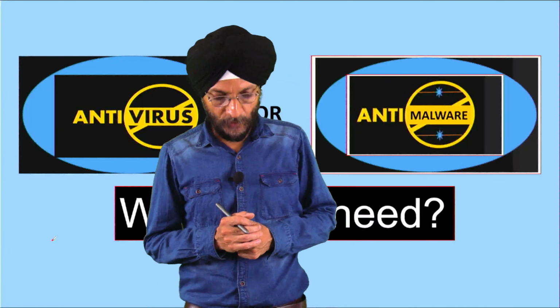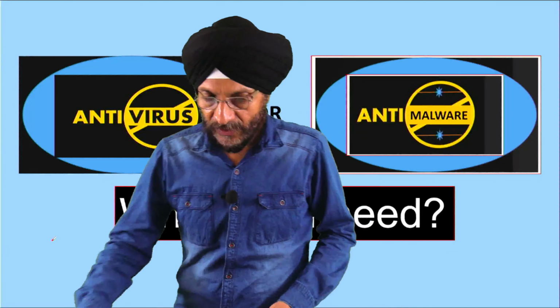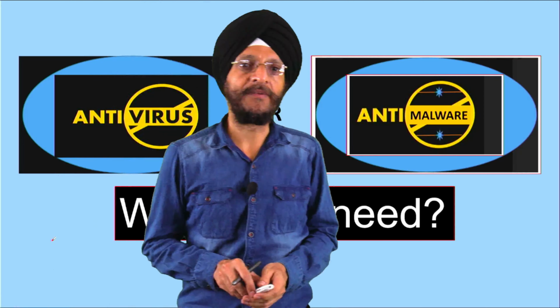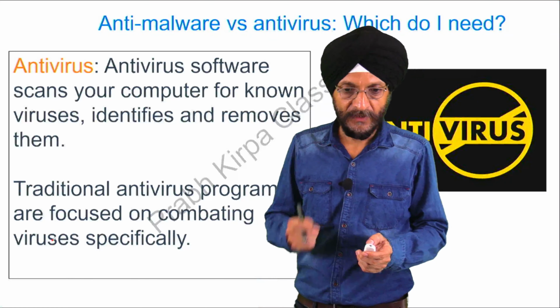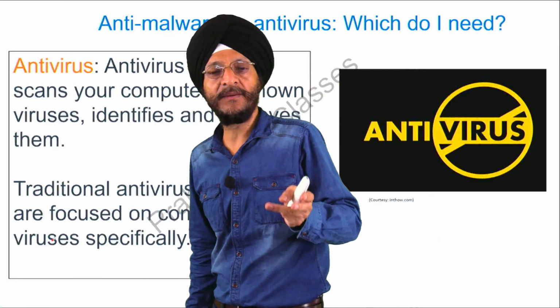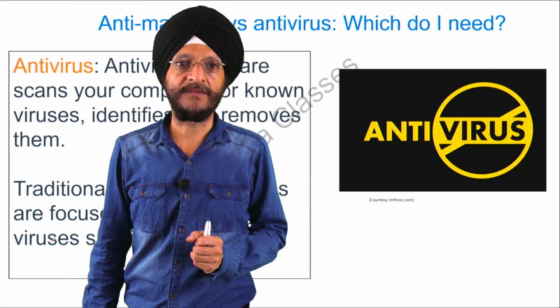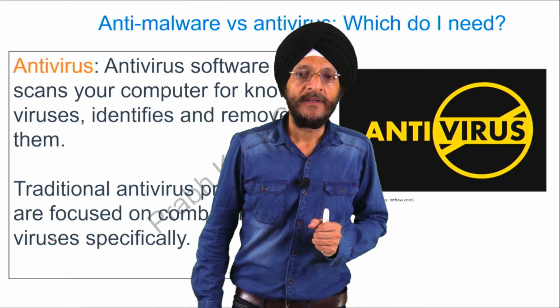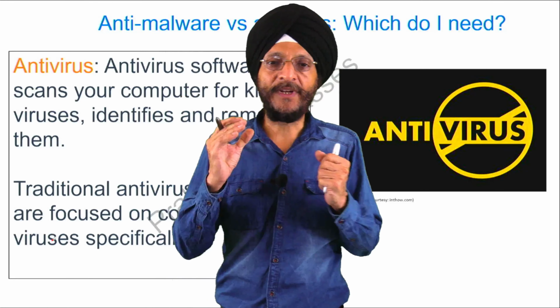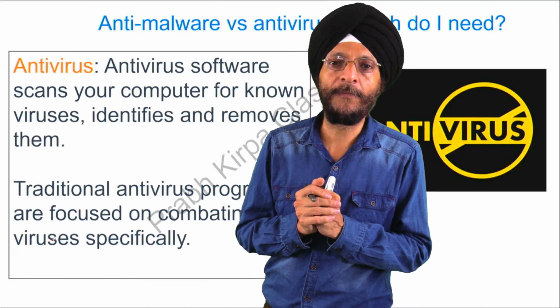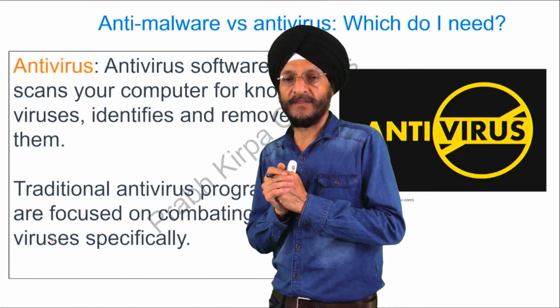Now the topic before us is antivirus or anti-malware. Which do I need? The first question that arises is, what is the meaning of antivirus? Antivirus is a software which protects our computer system from viruses.